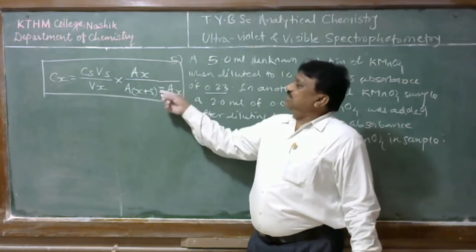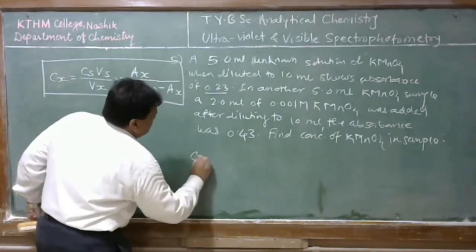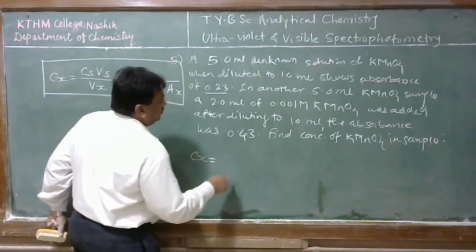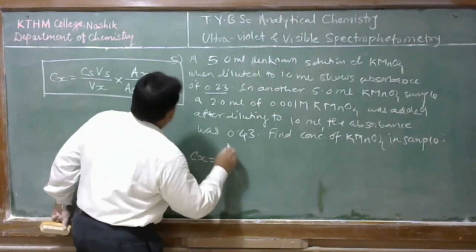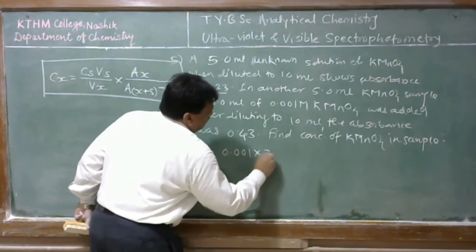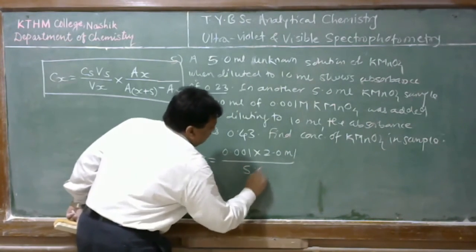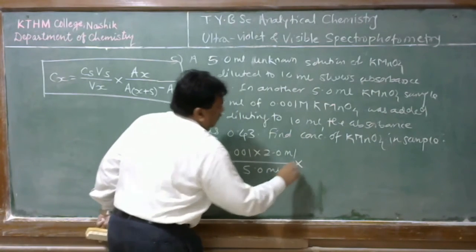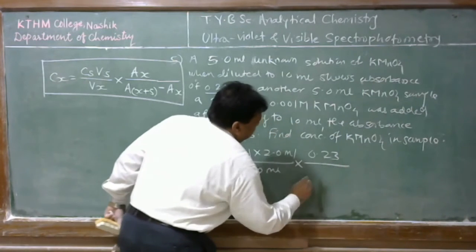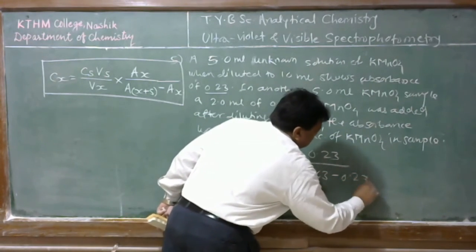We put all these values in this equation and we find Cx is equal to Cs, that is the concentration of standard 0.001, into its volume 2 ml, divided by volume of sample 5 ml, into 0.23 divided by 0.43 minus 0.23.